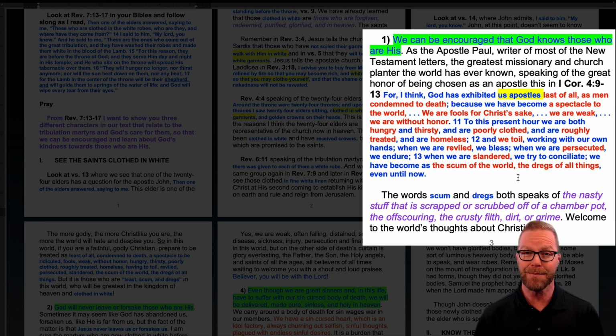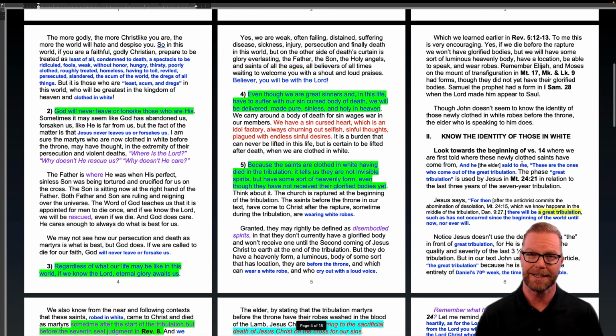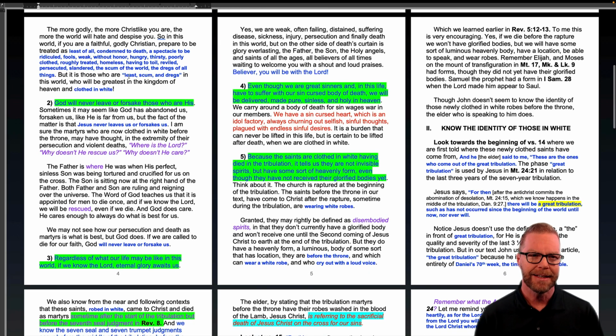So even the apostles, though they were the most privileged and exalted, and they'll have gates named after them in the New Jerusalem, nevertheless, they're the scum and dregs of the world, but only for a short time. So I talk about that. Eventually those who are the least, the scum, the dregs in this world will be the greatest in the kingdom. They will be clothed in white.